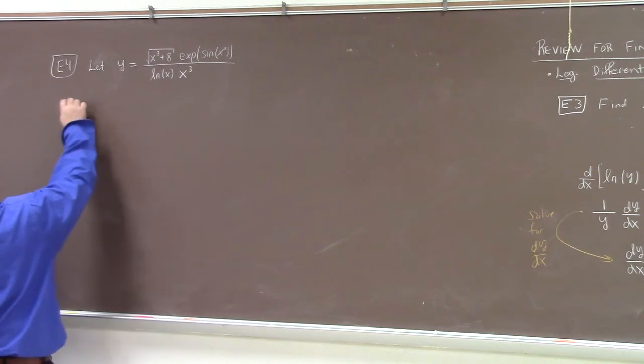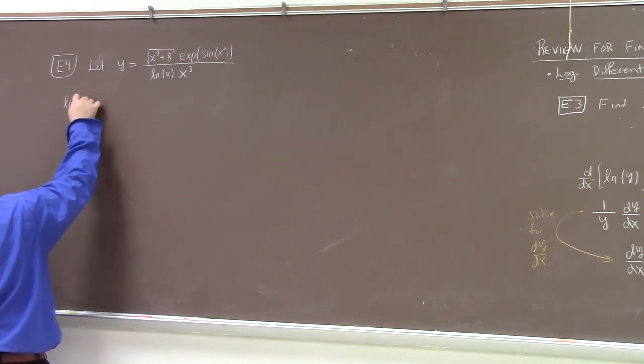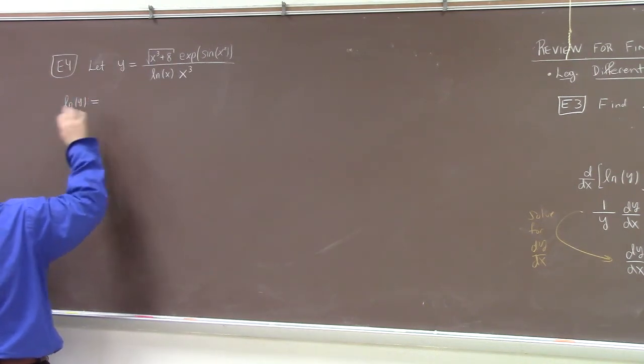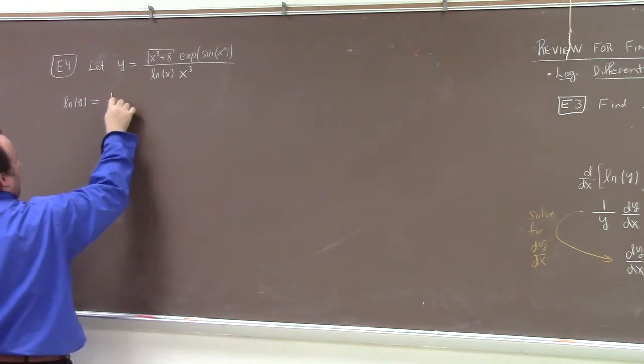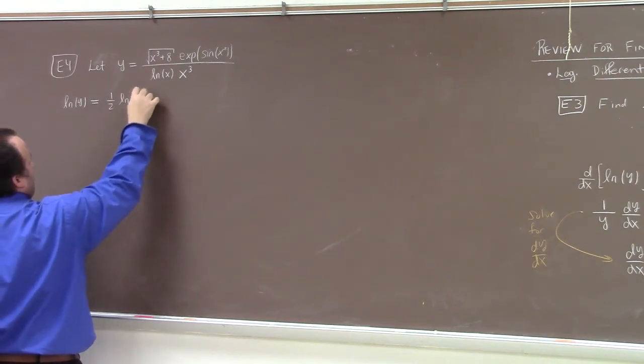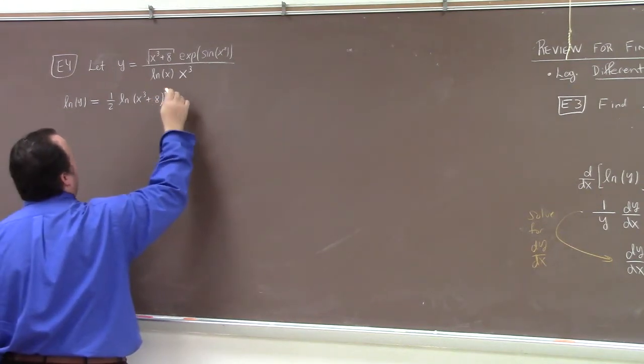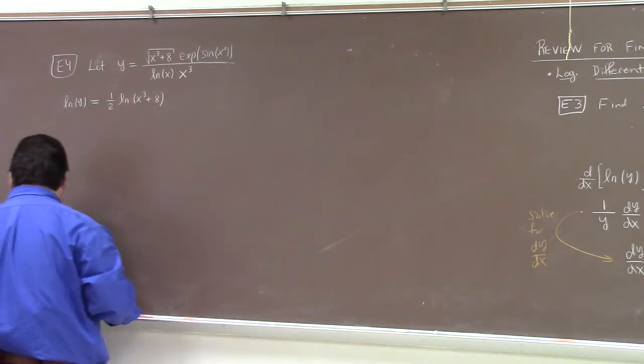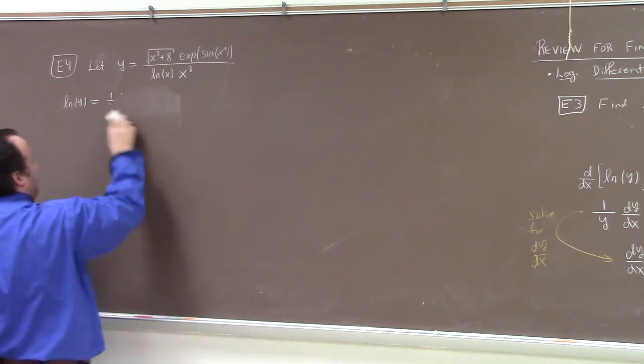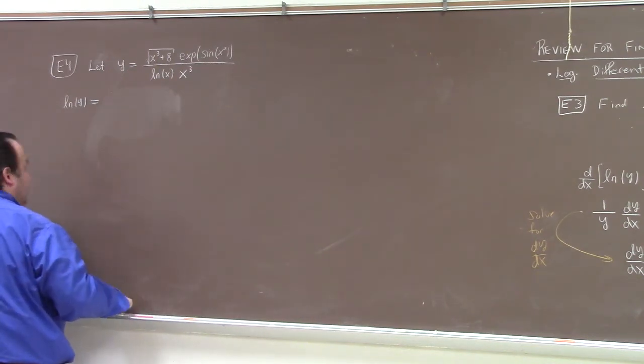So natural log of y. And I'm just going to go ahead and do it. This is 1/2 natural log of x cubed plus 8. Oh, fine. I'll write it out. I'm sorry. Let me show my work, because there are people who need to see it.